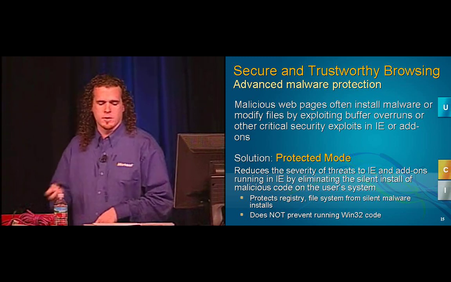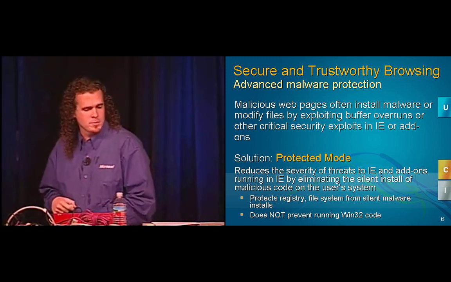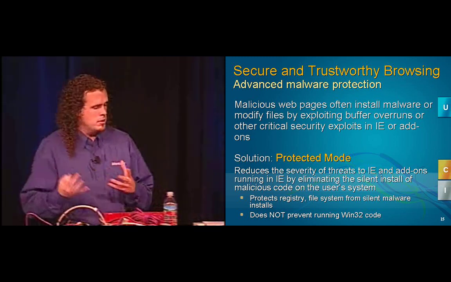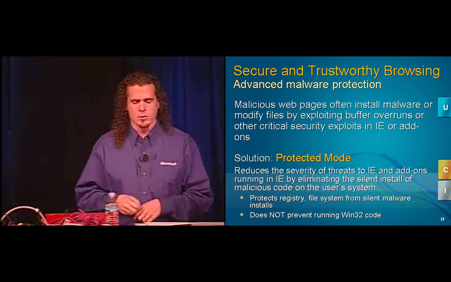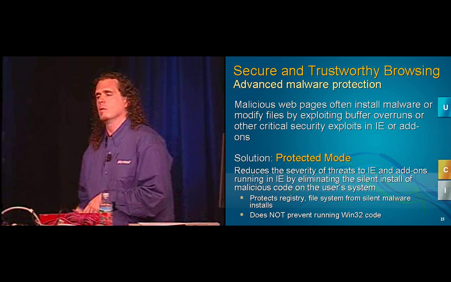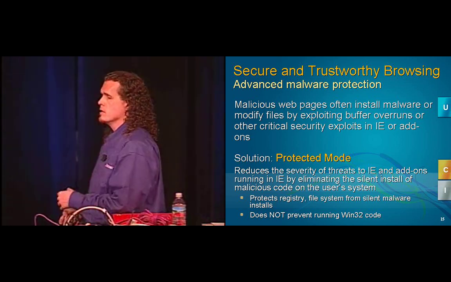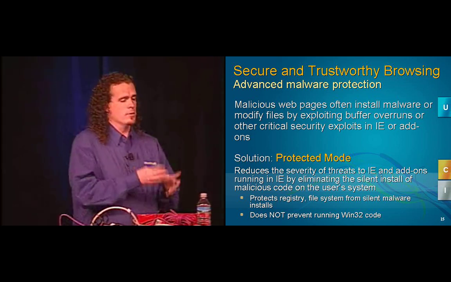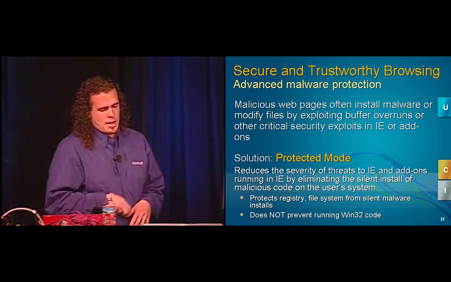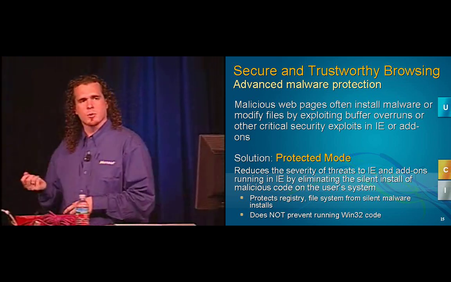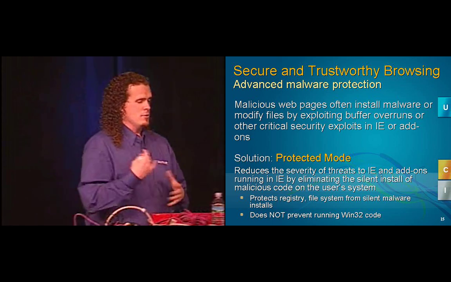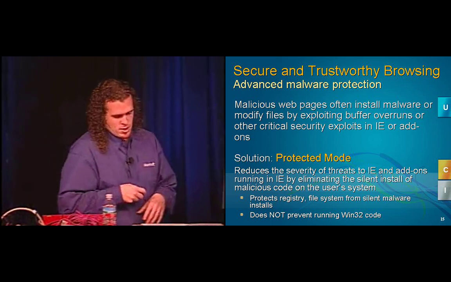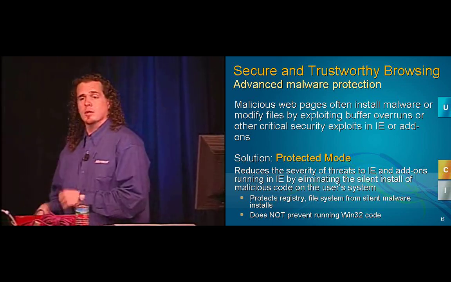Continuing this theme of defense in depth, I wanted to talk about another threat. Frequently, when a security exploit is found, when somebody finds a buffer overrun or some other problem in IE that allows them to take over the machine in some way, hackers today will use that exploit not to reformat your hard drive or do some other really nasty thing, but to install malicious software.